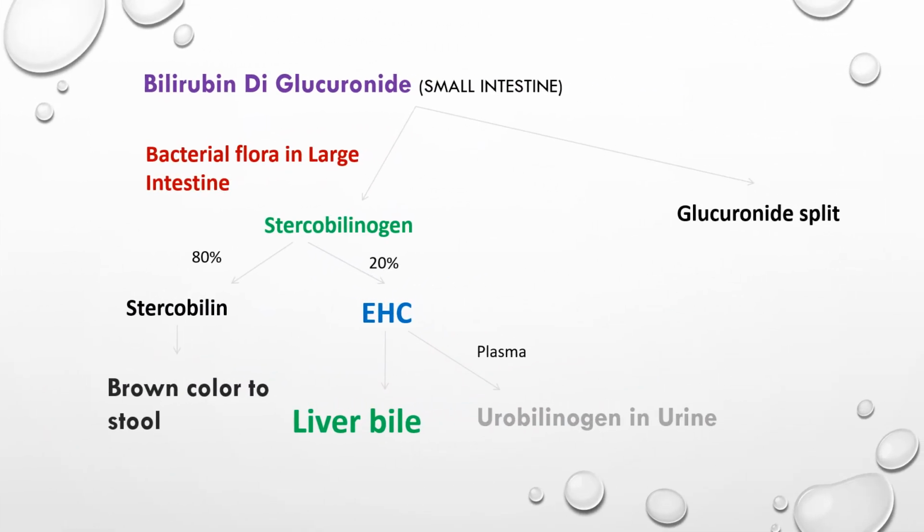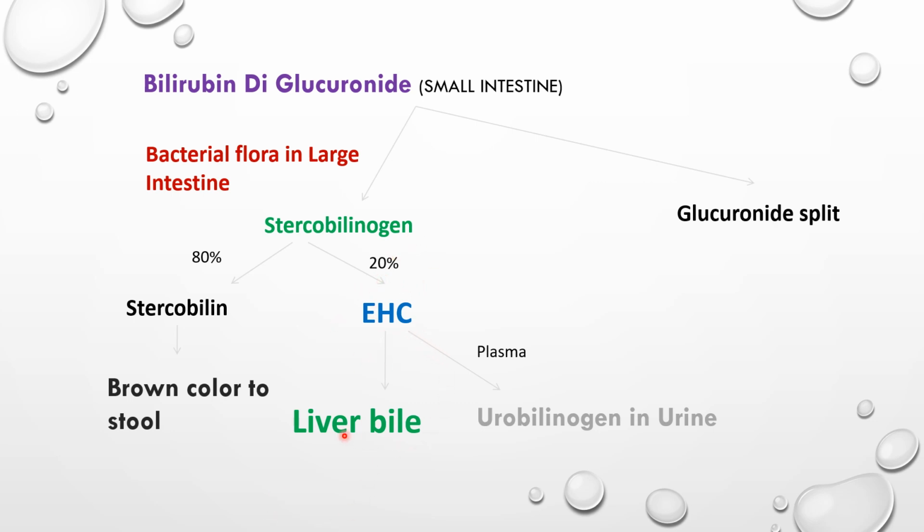Bilirubin diglucuronide gets converted into stercobilinogen by the bacterial flora in the intestine, and 80% gets converted into stercobilin, which gives the brown color to the stool, and 20% enters the enterohepatic circulation and again reaches the liver.